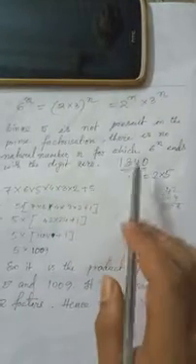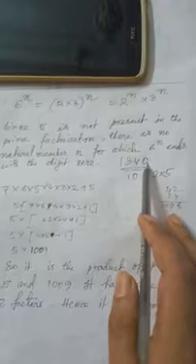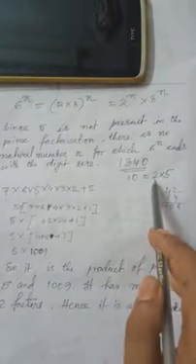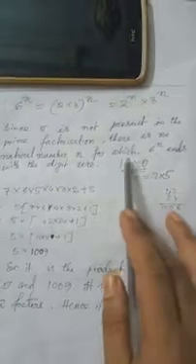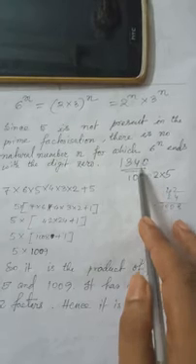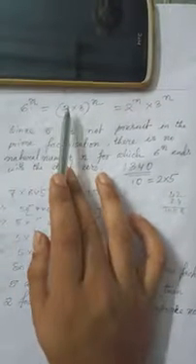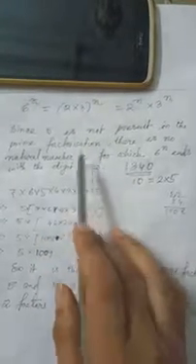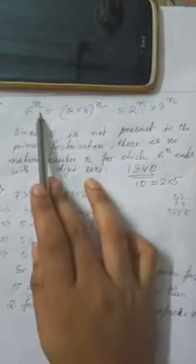Again we repeat this: when 0 is the last digit of a number, it will be divisible by 10, and the factors of 10 are 2 into 5. So 6 to the power n has no 5 as a factor, so it will not end with 0 for any natural number n.